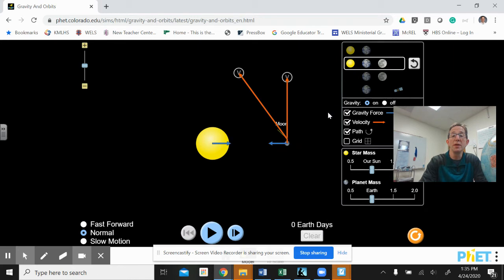Let's add the moon in there so that you can see all of them. I'm going to get rid of the velocity just so it's not too cluttered.